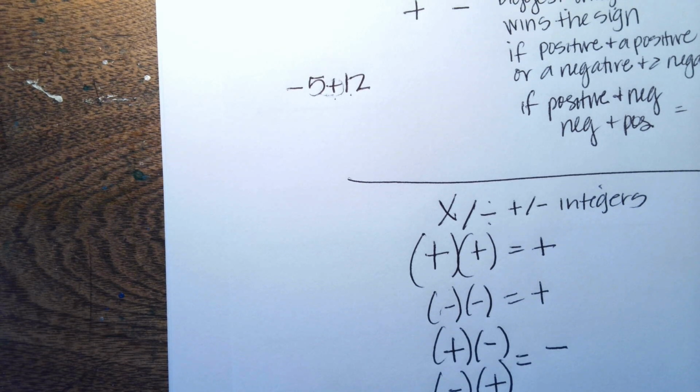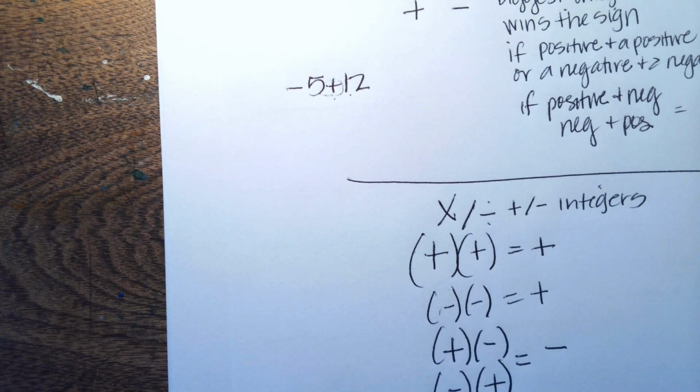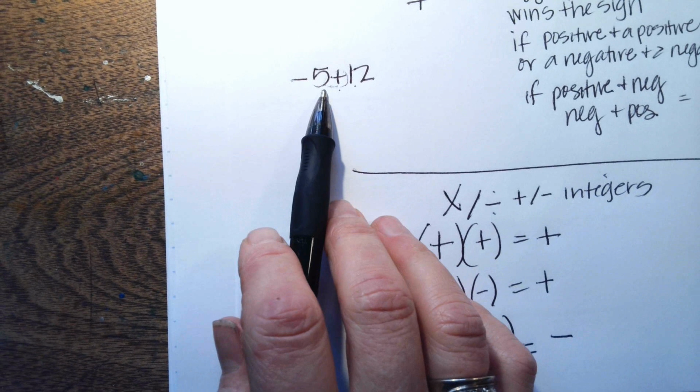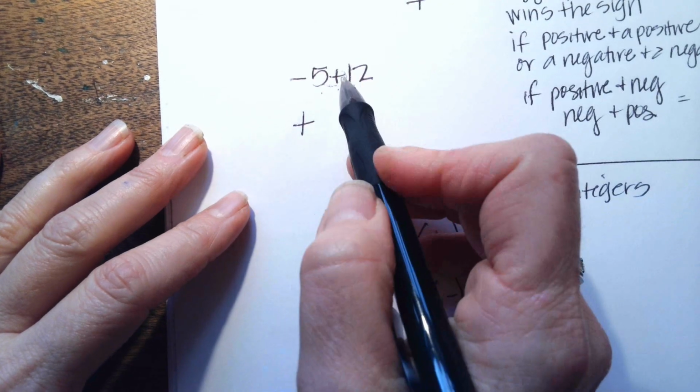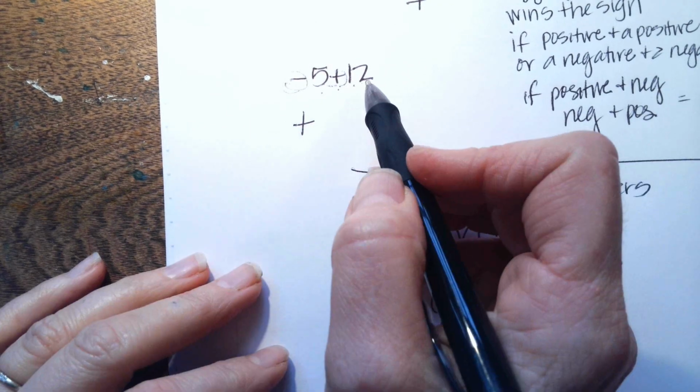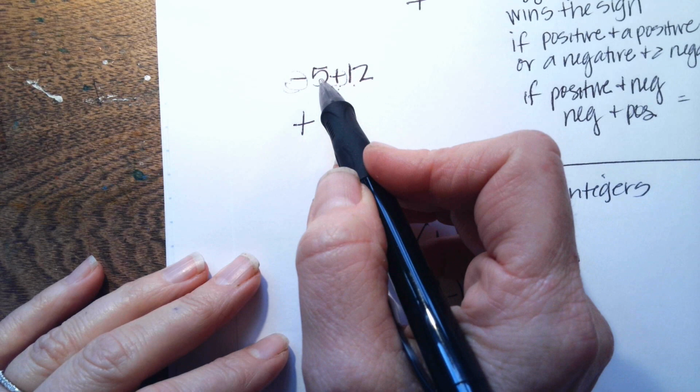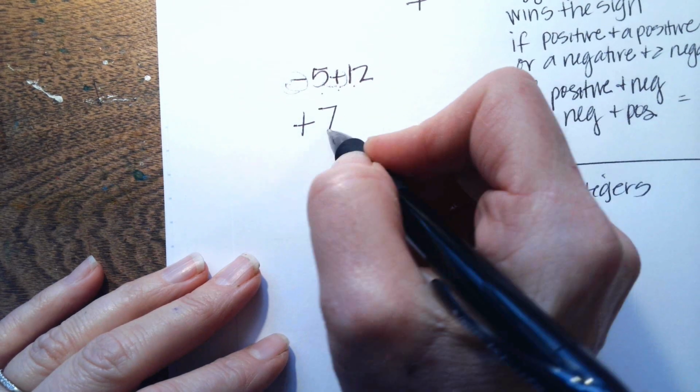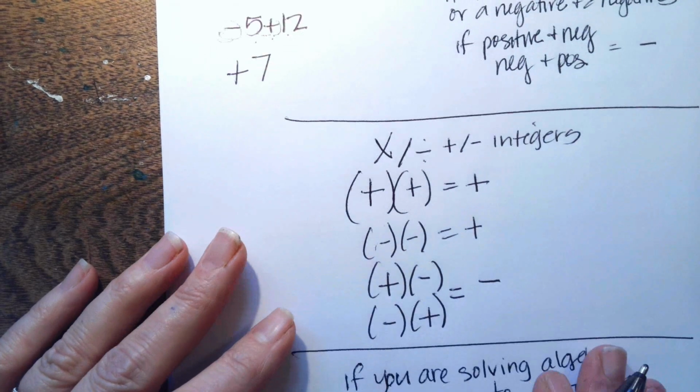Then biggest integer wins the sign, so my answer is going to be positive. I have a positive and a negative, so I subtract. 12 minus 5 is 7. So that's an example of that one.